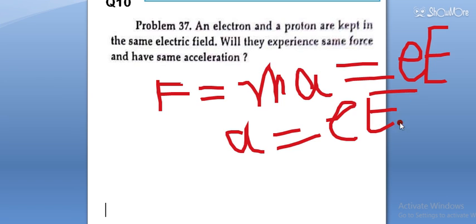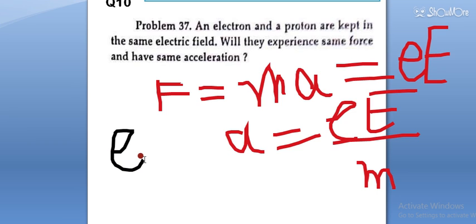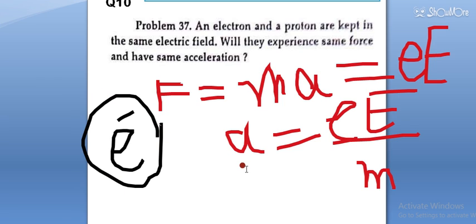So that means acceleration depends upon the mass. A body having less mass has more acceleration. As we know, the electron has less mass. That means the electron will experience more acceleration. So the acceleration of the electron will be more than the acceleration of the proton.